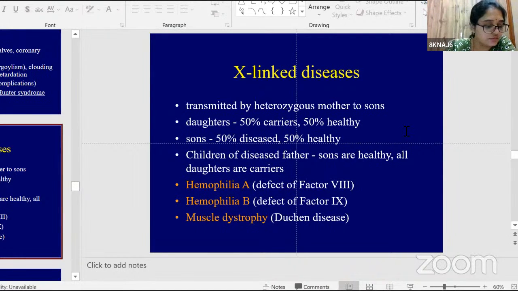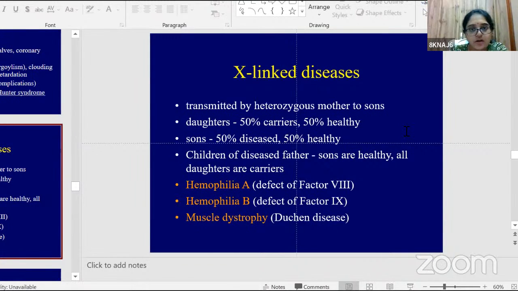And X-linked dominant inheritance: each affected individual has at least one affected parent. Males are definitely affected. When it is X-linked recessive inheritance, there is no male-to-male transmission, because males pass on the Y chromosome to the sons.